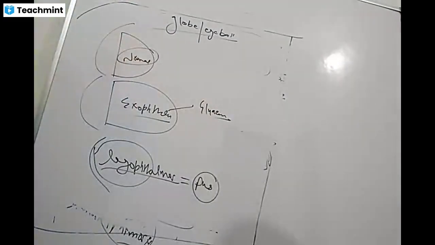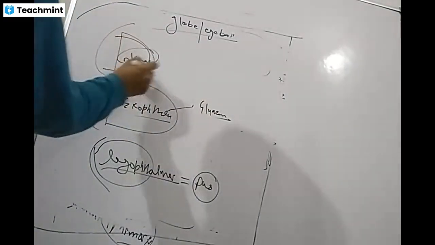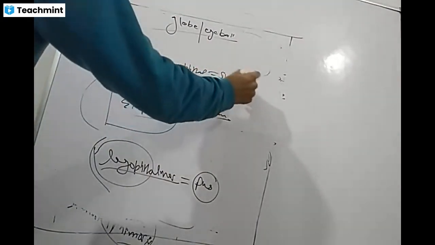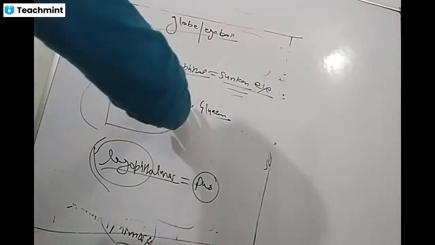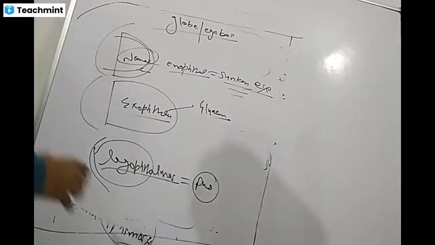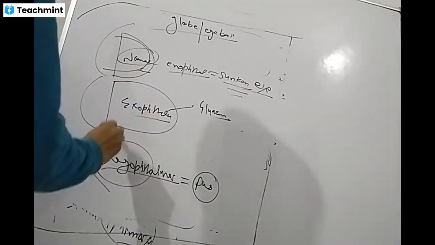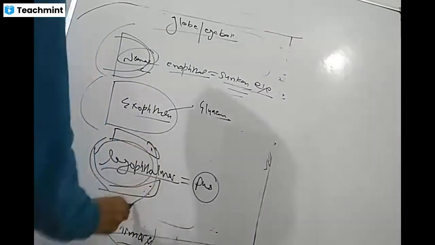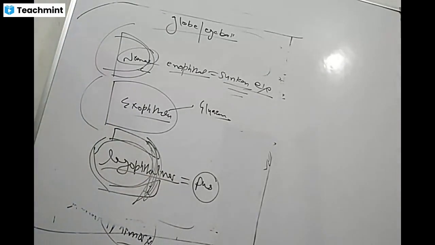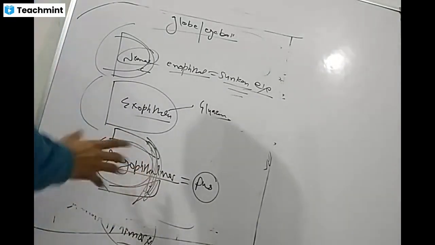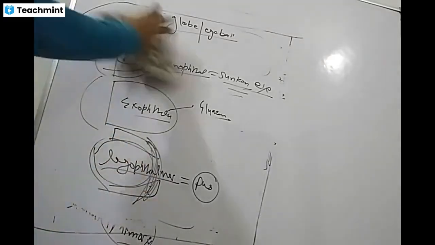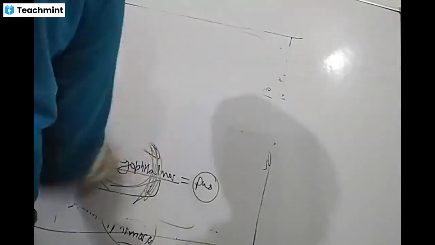This is normal. Sometimes it may become less than normal. We call it enophthalmos, sunken eyes. Eyes go inside the orbit. So eyes may be bulging out, or eyes may be sunken in, and the upper and lower eyelids are unable to cover this palpebral fissure because of these abnormalities. So this was some basic terminology.